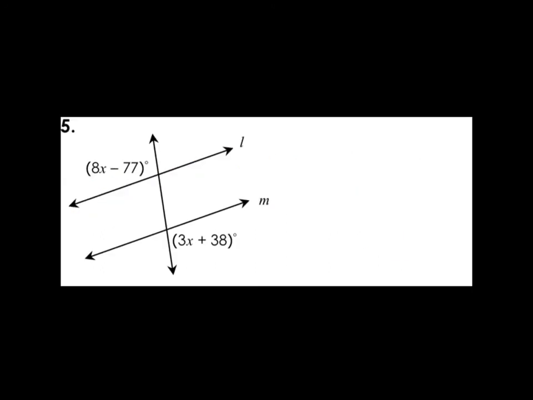All right, for our next example, we have 8x minus 77 and 3x plus 38. So these are on opposite sides, and they're on the outside of the parallel lines, so they are alternate exterior angles. Right, alternate exterior angles are congruent, so I'm going to say 8x minus 77 equals 3x plus 38. And remember, when I have variables on both sides, I want to cancel one of them out so that I get the variable on one side.